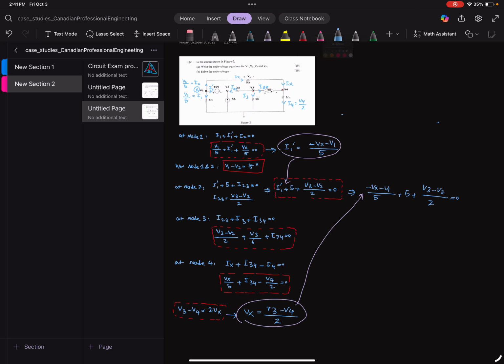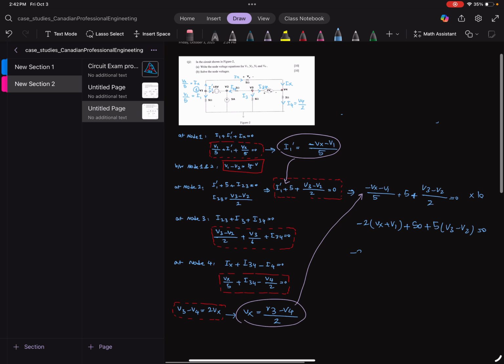So let's do that. Let's simplify this. Let's multiply it by 10: minus 2Vx plus V1 plus 5 V3 minus V2. So I multiplied this by 10, both sides. And then I'm going to replace the Vx by minus 2 times V3 minus V4 over 2 plus V1 plus 5 V3 minus V2 is equal to 0.